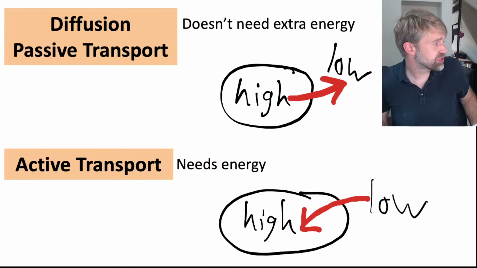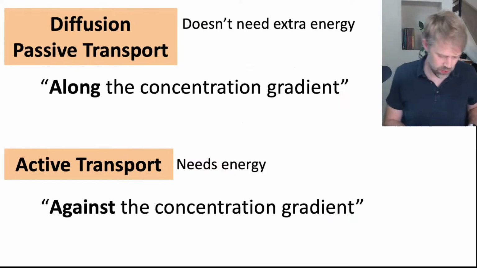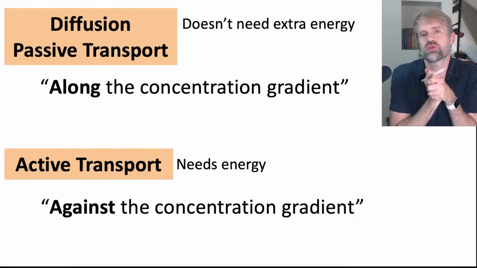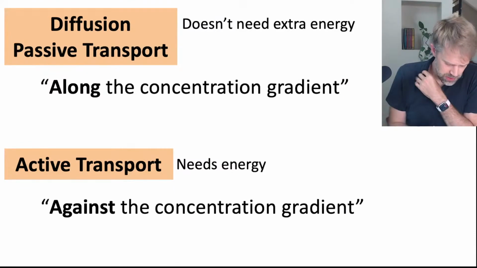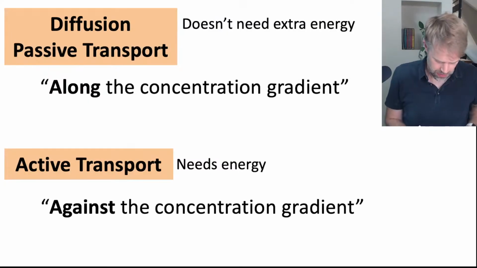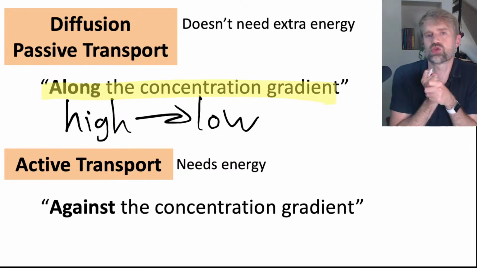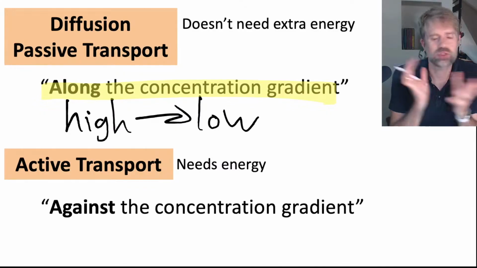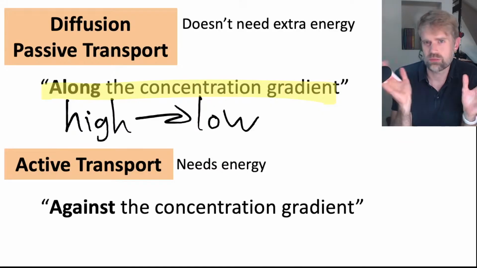And the last thing that we can do here is introduce two more terms you might see. When something goes from high concentration to low concentration, we can say that it is moving along the concentration gradient. Concentration gradient, you don't have to worry about all that stuff. It's kind of jargony.